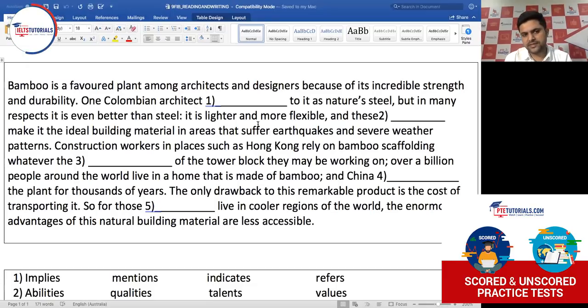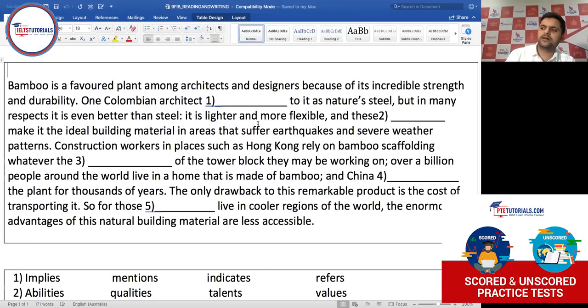Now the second sentence is, one Colombian architect dash to it as nature's steel, but in many respects it's even better than steel. So again, this sentence says that there is one Colombian architect, and that Colombian architect dash to it as nature's steel. So now think about what type of word would be suitable over here.